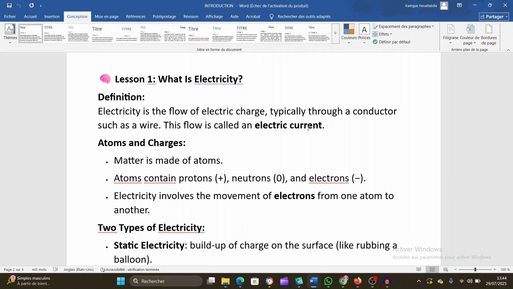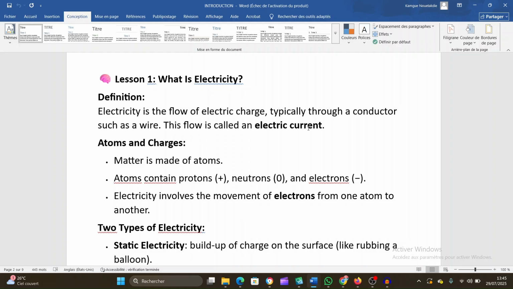Now, in this electric current, there are some elements or components involved that it will be good to know. We have what we call atoms and charges. For example, when we talk about matter, a matter is made up of atoms.